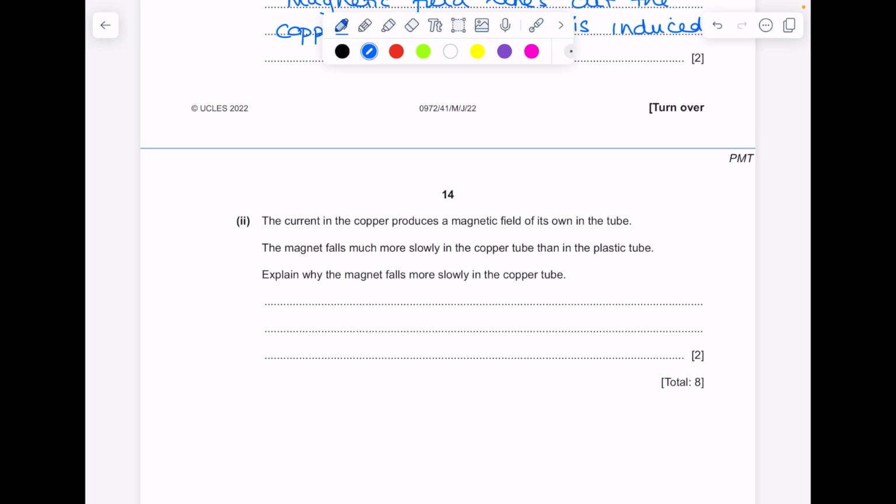The magnet falls much more slowly in the copper tube than in the plastic tube. Explain why the magnet falls more slowly in the copper tube. In this case, there's an opposing force on the magnet, and because that force is linked with motion, then clearly that motion is going to slow the magnet.